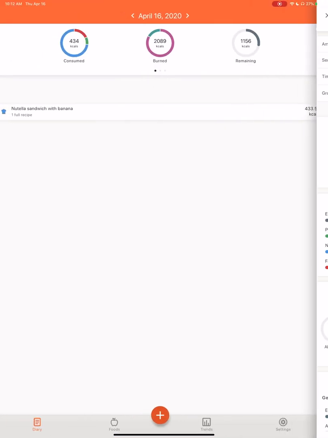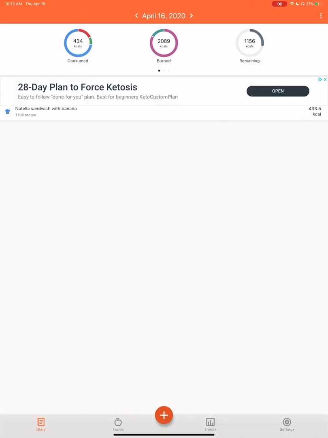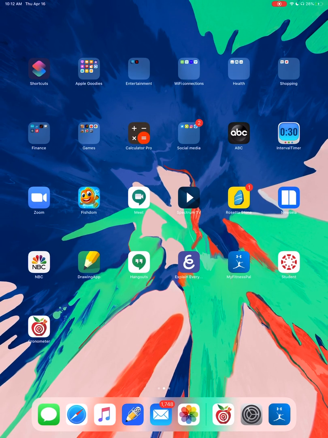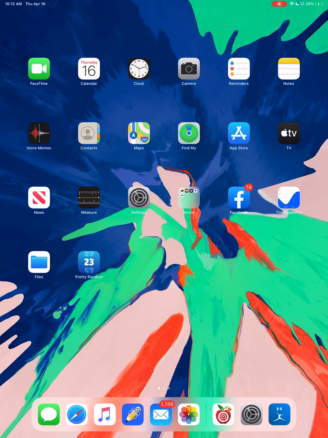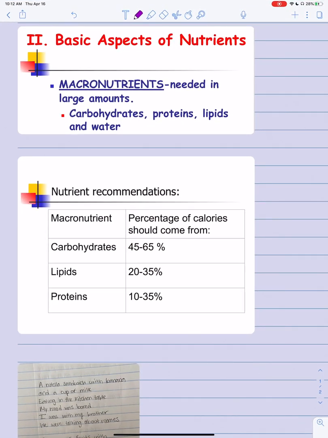And on my chronometer, I am going to see that my chronometer is telling me that I should eat about 2,000 calories a day. Okay, so that's there at the top in the middle of the screen. So of those 2,000 calories, my chronometer is telling me that 45% should come from carbohydrates.